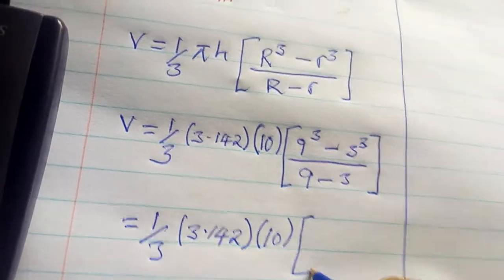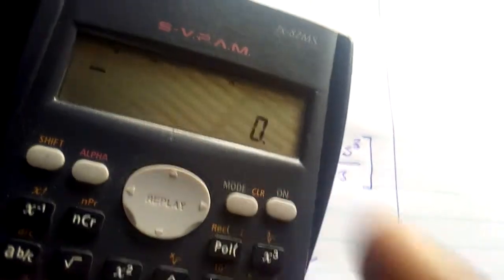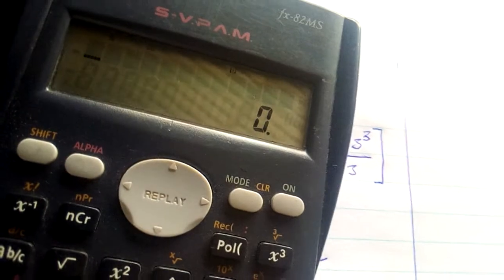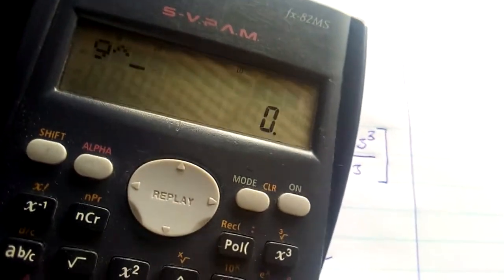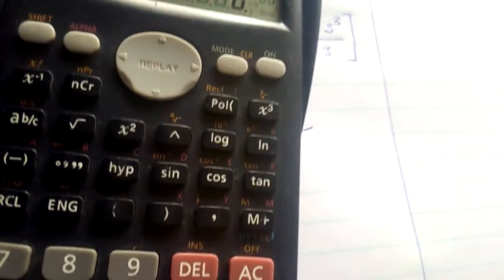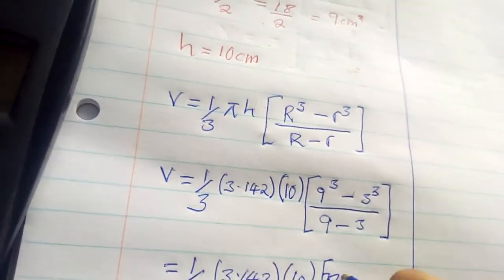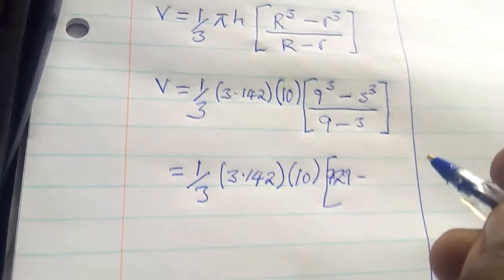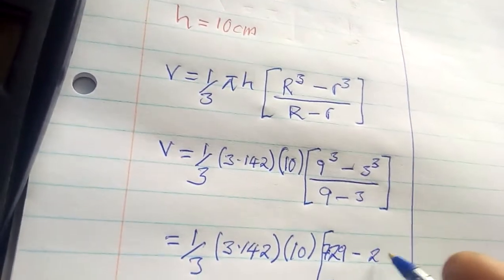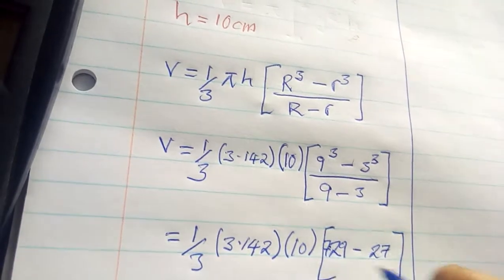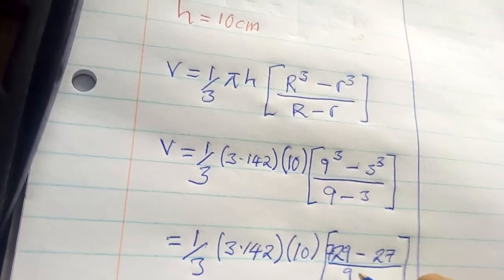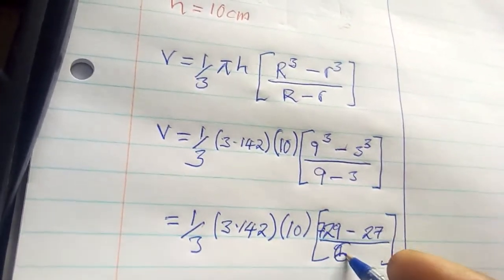Then we simplify this. So you can use a calculator. This is flexible. So you say 9 raised to the power 3, and it will give us 729. So here we are going to get 729 minus 27, and this will be 9 minus 3. 9 minus 3 is 6.